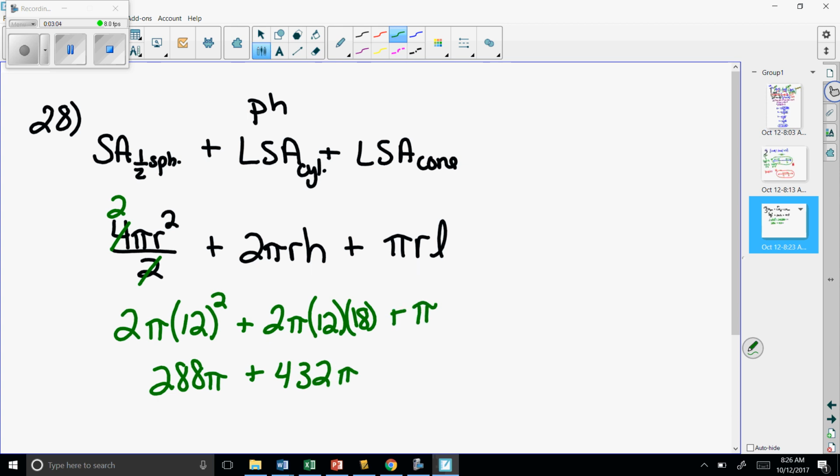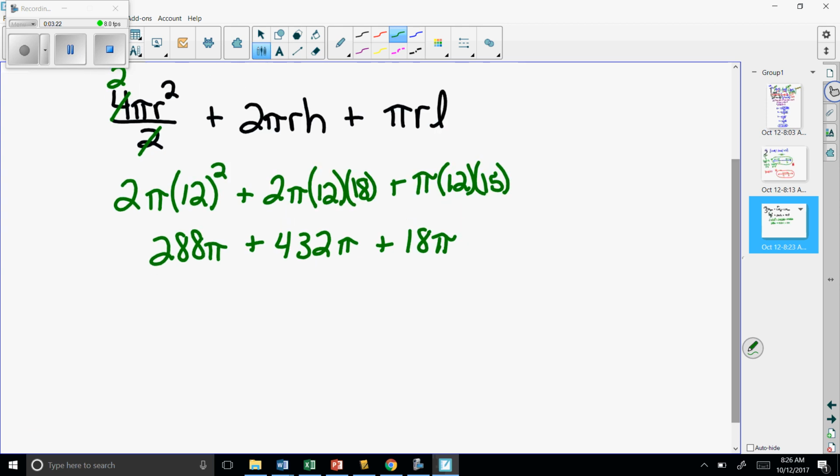Then we're going to have pi times the radius, which is 12, times the slant height. And they're nice, they give you the slant height. What is the slant height? 15. So 12 times 15, 180 pi.